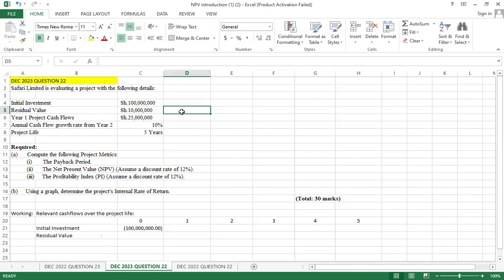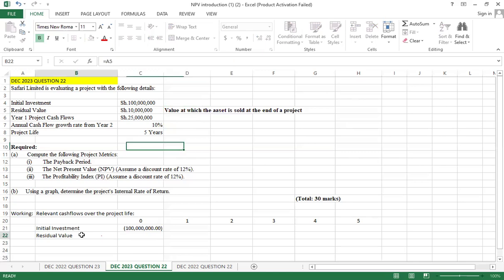It is the value at which the asset is sold at the end of a project. At the end of a project, you no longer need the asset, remember, and so you sell it. So the value at which you sell the asset when the project ends, that's what we call the salvage value.